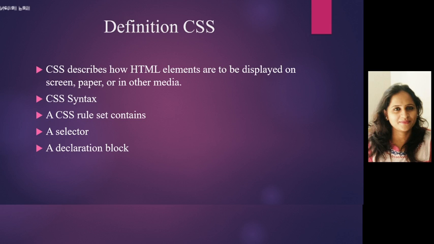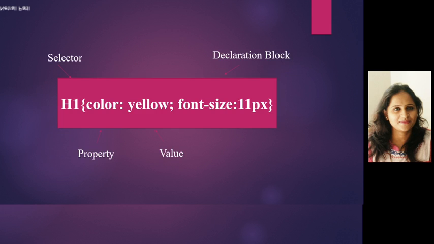CSS syntax contains a selector and a declaration block. See the diagram. In this diagram, the selector is the HTML element you want to style. It could be any tag like h1, body, etc. The declaration block can contain one or more declarations separated by a semicolon.